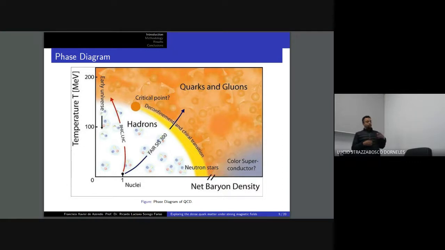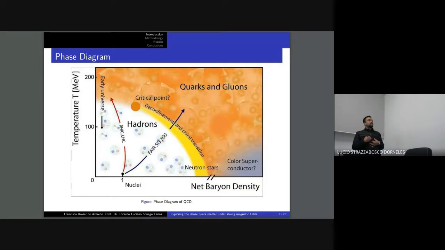When we have low temperature and low baryon density, we have the hadronic phase. In other words, the quarks and gluons are inside of the protons and neutrons. When we have high temperature and high density, we have the quark-gluon plasma.